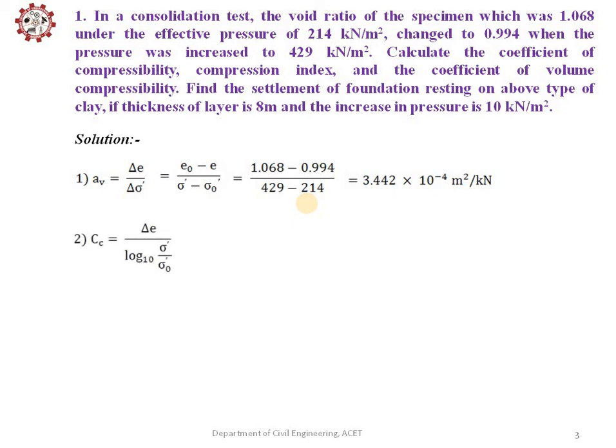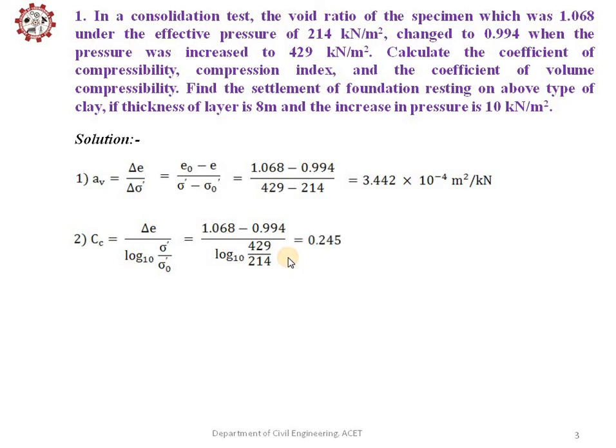And second is the compression index, which is given by Cc equals delta e upon log to the base 10 sigma dash upon sigma 0 dash. So delta e equals 1.068 minus 0.994. Similarly, log to the base 10 of sigma dash 429 and sigma 0 dash 214.